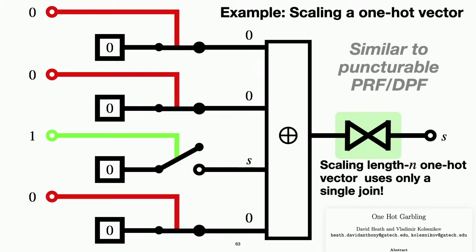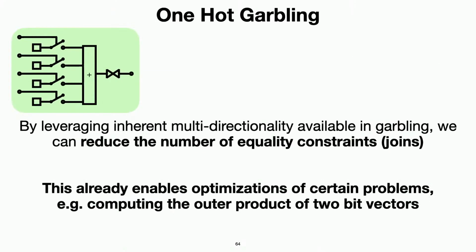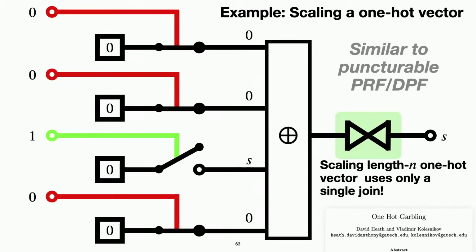Let me just mention that this technique is sort of similar in structure to other things in the literature like puncturable PRFs or distributed point functions, but it's in a slightly different setting, and there's something unusual going on where the evaluator knows exactly where this one-hot location is, which is not common with other techniques. A distributed point function is conceptually placing a 1 at a particular position of a long array.